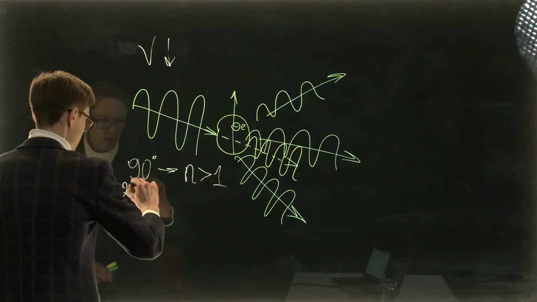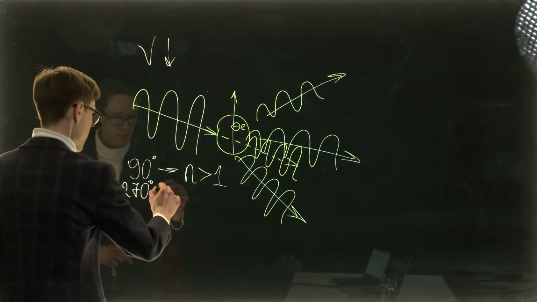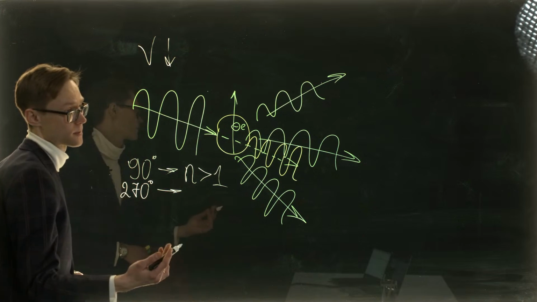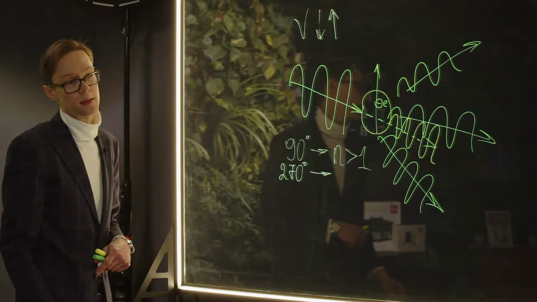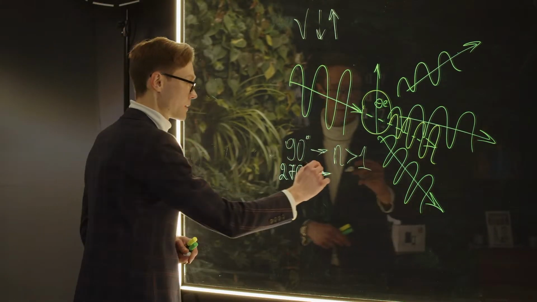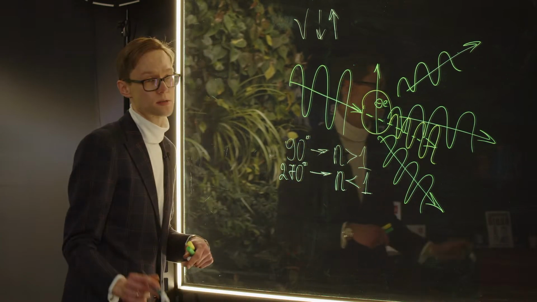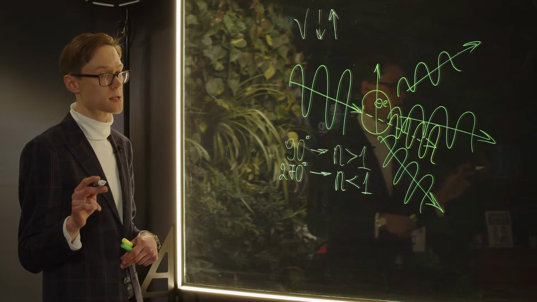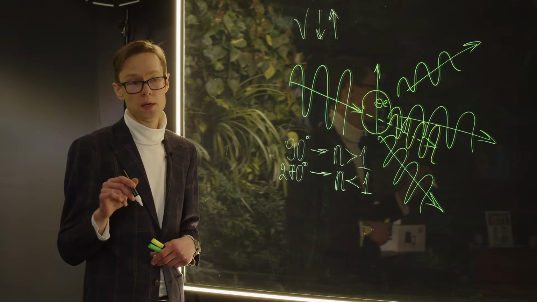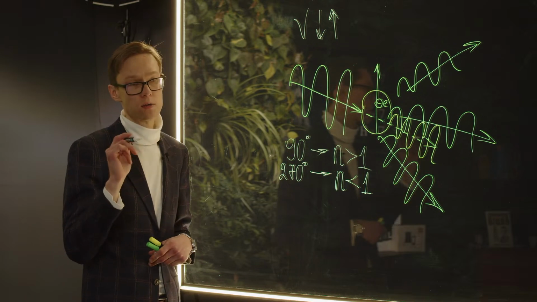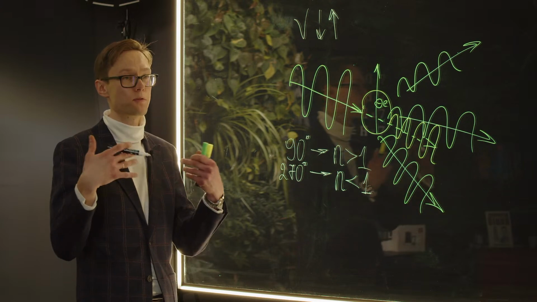Then the second case: if the phase shift is 270 degrees, then the effect is opposite. Then the phase velocity increases and the wave travels faster. In that case, we are talking about a refractive index which is less than 1. And this is a special case which I mentioned related to the ionosphere. So the electromagnetic wave propagation in the ionosphere, which can be considered an example of plasma.